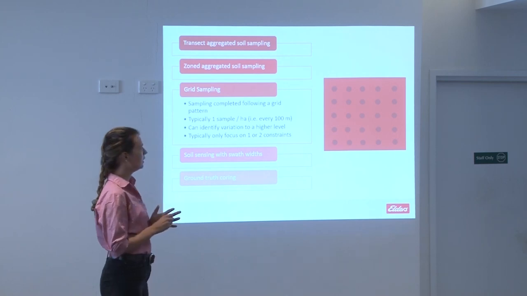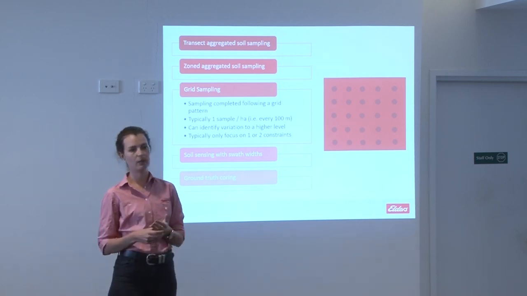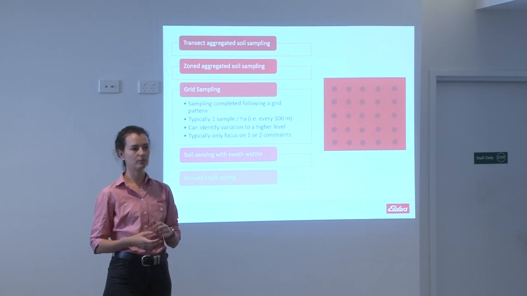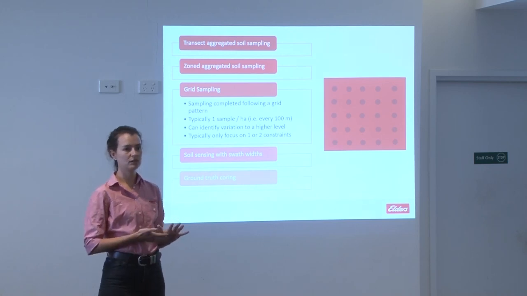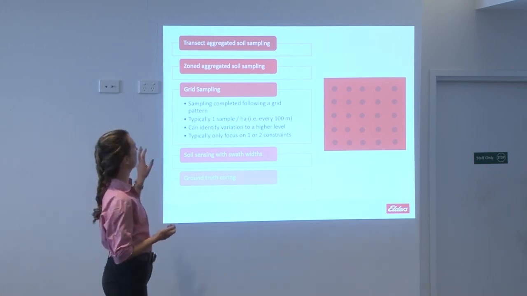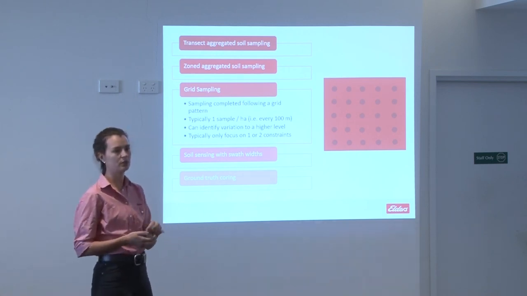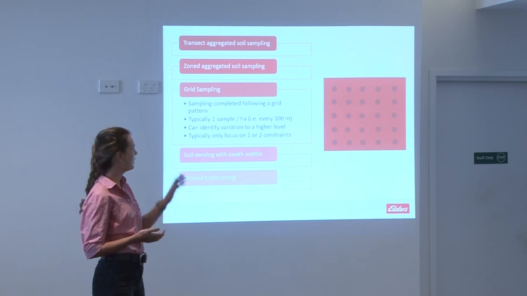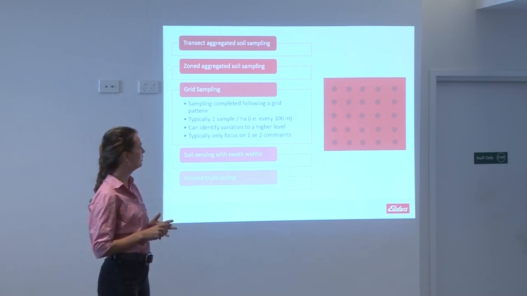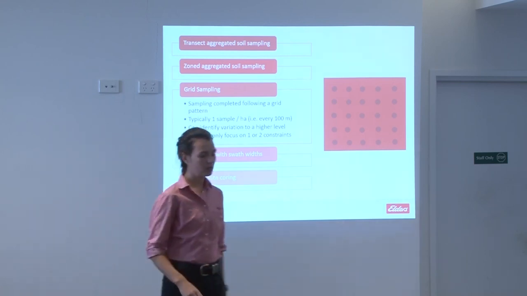So typically, because there's so many samples per paddock, you're only really going to focus on maybe 1 or 2 constraints under this sampling method, so it won't be comprehensive like the first 2, but it'll be higher res for those 2 constraints that you're looking at. So this is how a lot of pH maps are done now. Moving on from the VARIS.